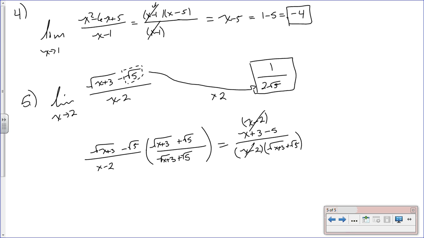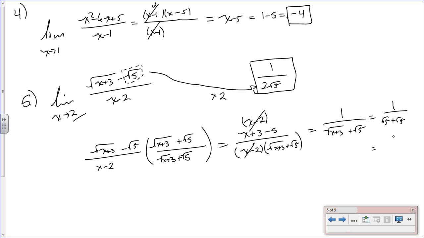That'll cancel with that, leaving you 1 over the square root of x plus 3 plus the square root of 5. Now, direct substitute in the 2, so it's 1 over the square root of 2 plus 3, which is the square root of 5, plus the square root of 5, which is not the square root of 10 or the square root of 25.